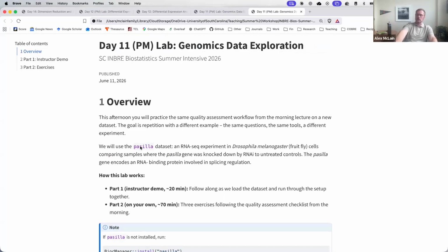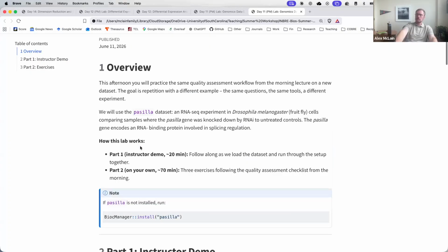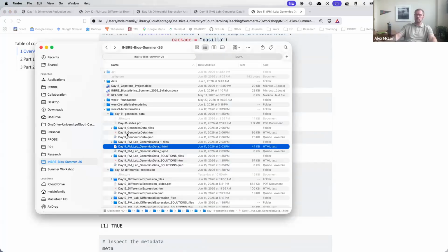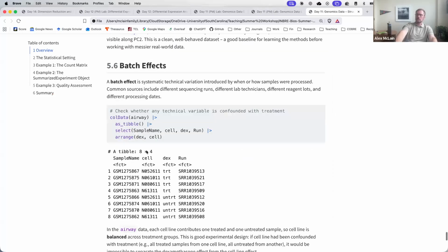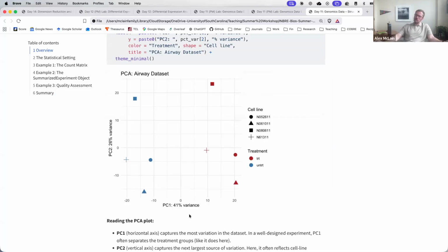We also looked at this for the airway data set. Excuse me, that opened up the wrong one there. Yeah, so this was it for the airway data set. PCA1 explained 41% of the data, PCA2 explained 26% of the data, so altogether 67%, about two-thirds. PCA1 had a clear relationship with treatment.